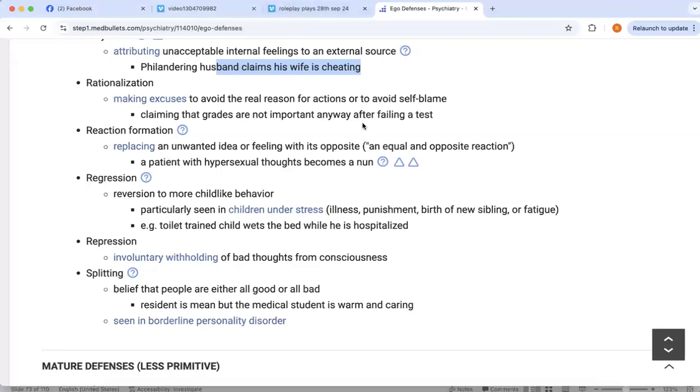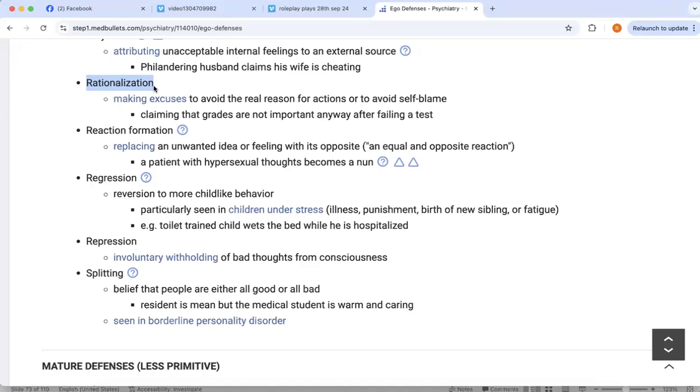Let's say someone failed an exam, and to rationalize that failing, the patient says, well, exams are not important for life, actions are all that's important.